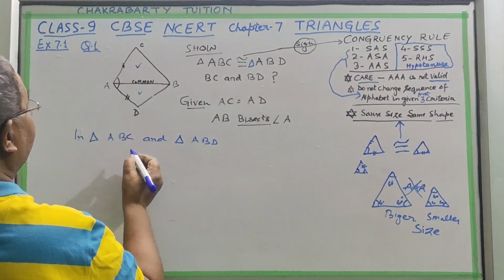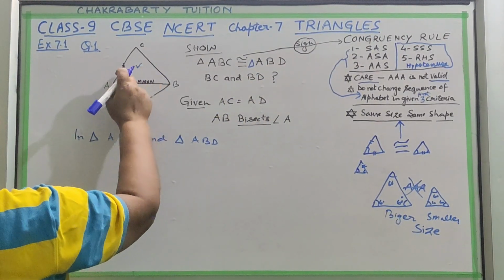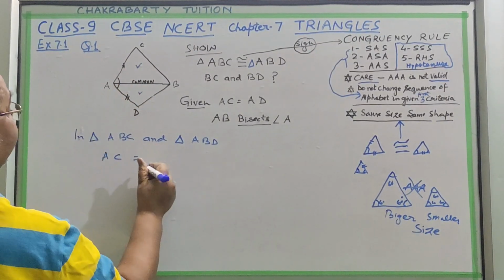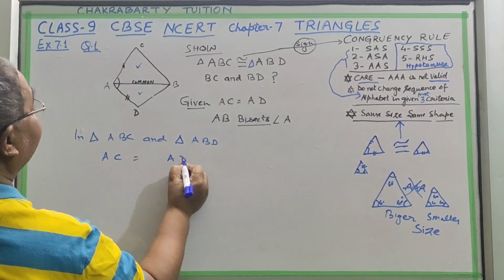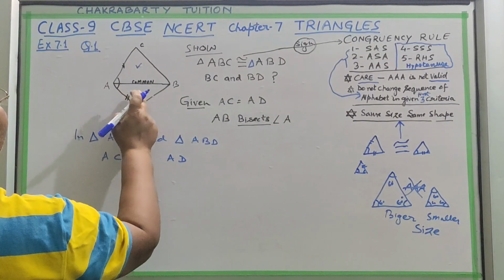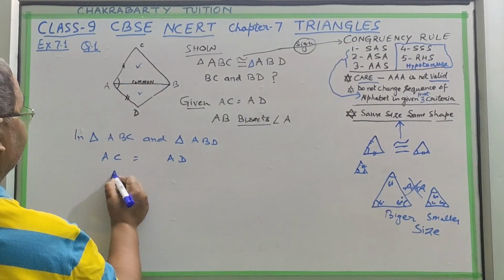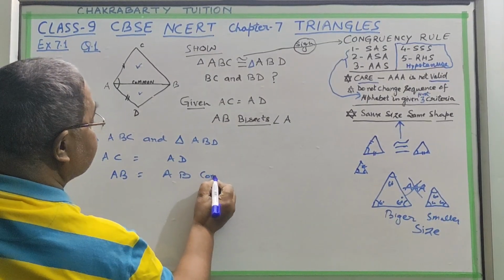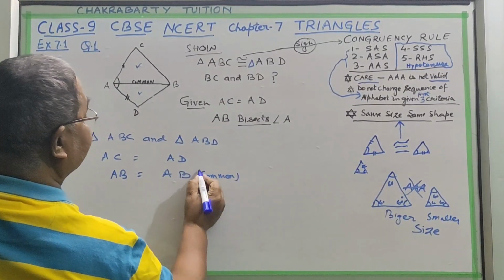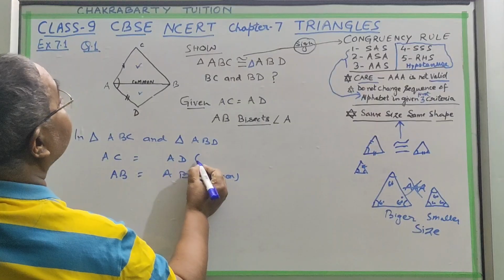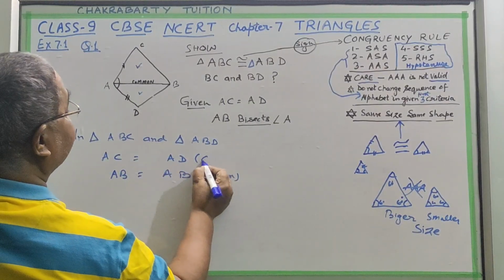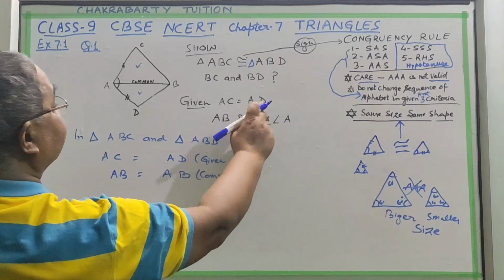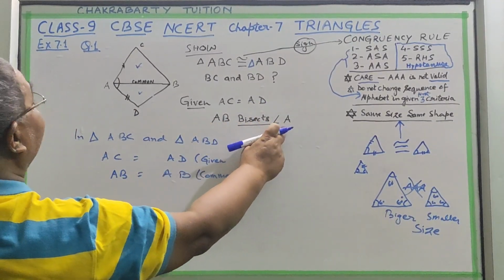So in ABC you see AC is equal to AD, and then AB equal to AB, it is common. You have to write also why this is so. This is so because AC is equal to AD is given in the question. AB bisects angle A.